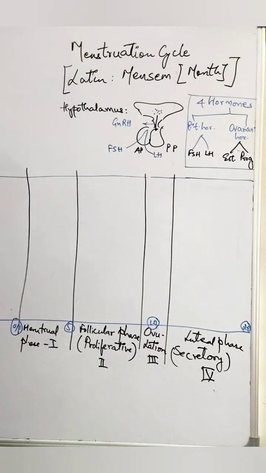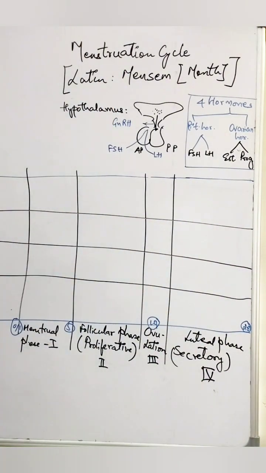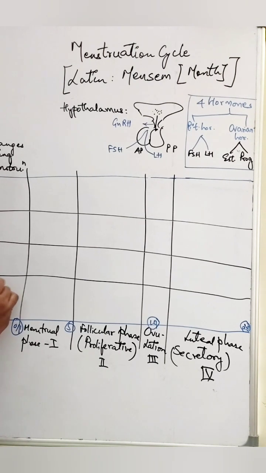Now this axis again I will divide into 1, 2, 3 and 4. This I will write as changes during menstruation. So what are the changes seen? The first change is in the uterus or the endometrium.